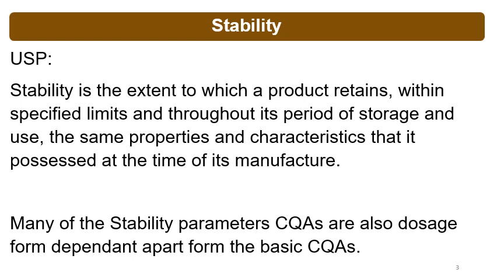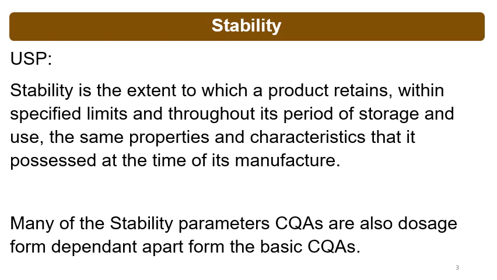Now what is the definition of stability as per USP? Stability is the extent to which a product retains within the specified limits and throughout its period of storage and use the same properties and characteristics that it possessed at the time of its manufacture. That means as it was passing at initial stage, still that product passes at any point of time in the expiry period.